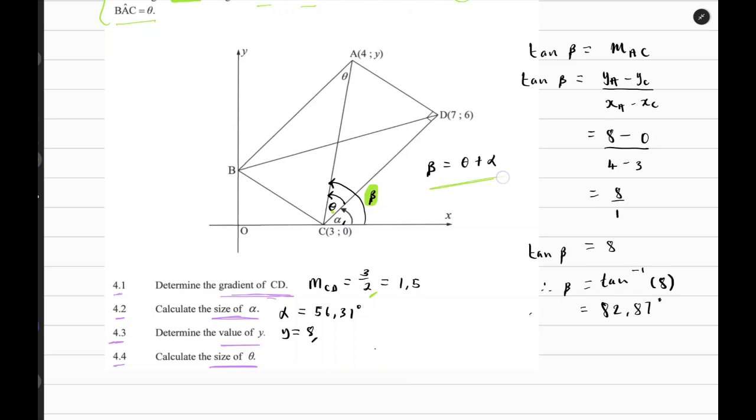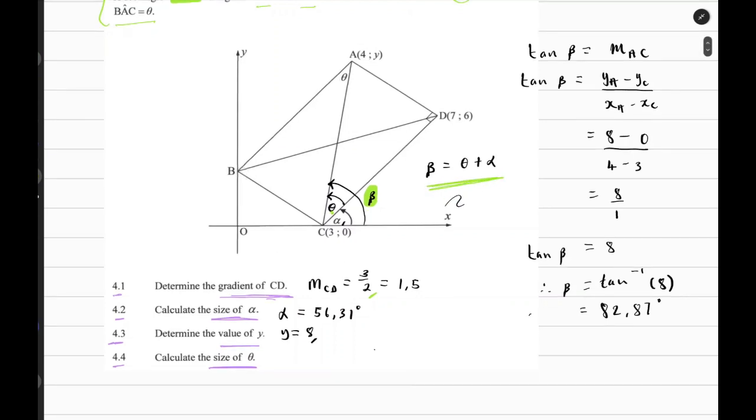Now, because we know beta equals theta plus alpha, we can say that theta equals beta minus alpha. Now that we have beta and we have alpha, we can find theta. So theta equals beta minus alpha.